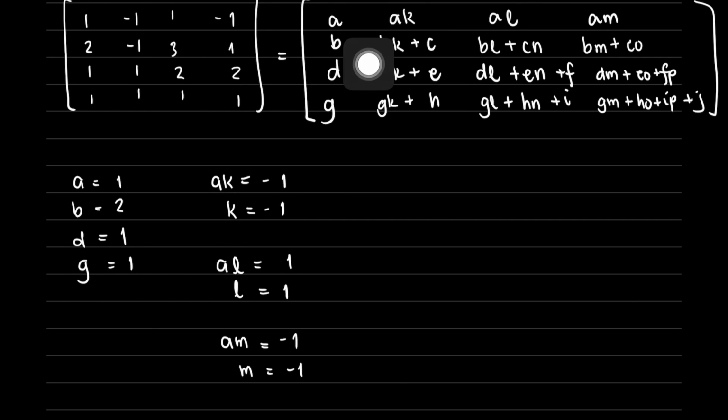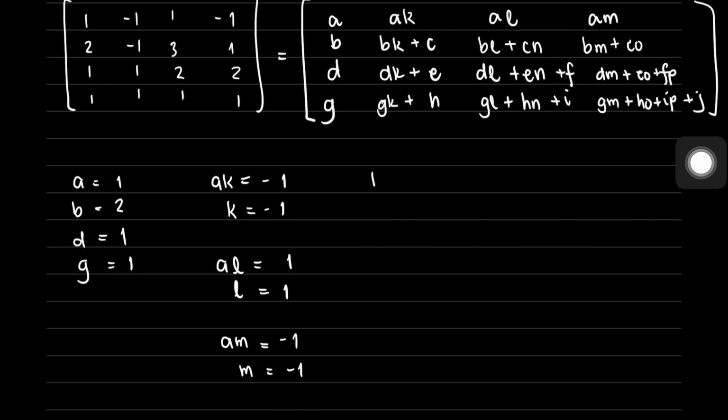For this column of the resultant matrix, since b, d, and g are already known, and k is already determined, we can solve for c, e, and h already.